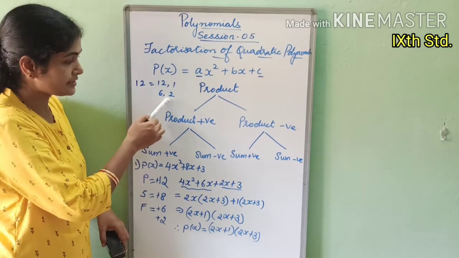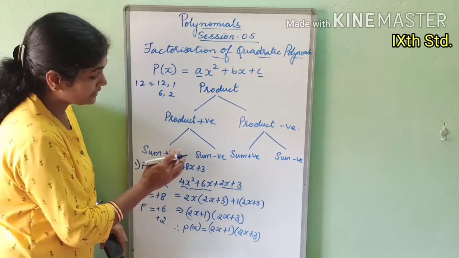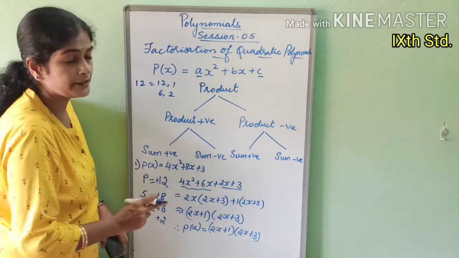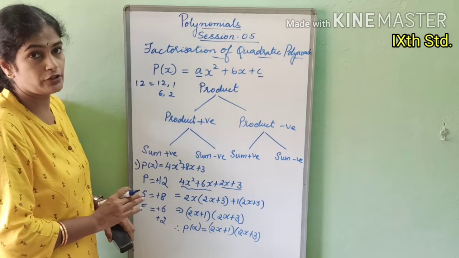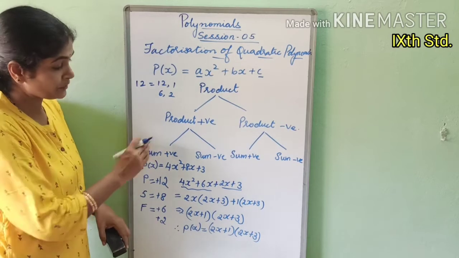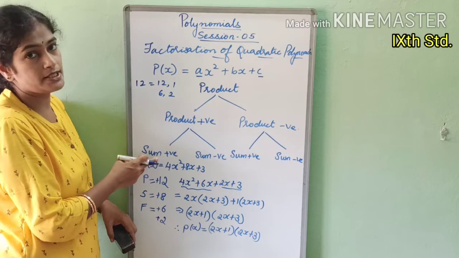Such factors are 6 and 2, and then you split this middle term 8x as 6x and 2x, rearrange them, and find the factors. This is an example for when product is positive, sum is positive.